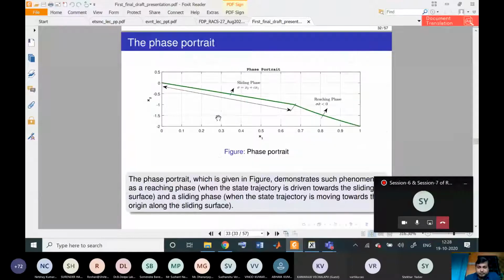Now, this is a particular example of a second order system we have taken, but in general, what will be the design methodology?